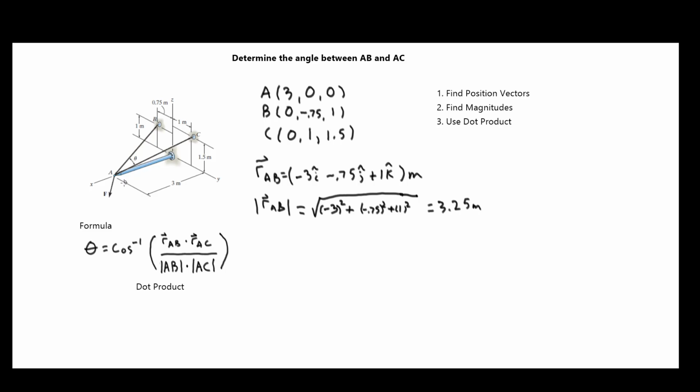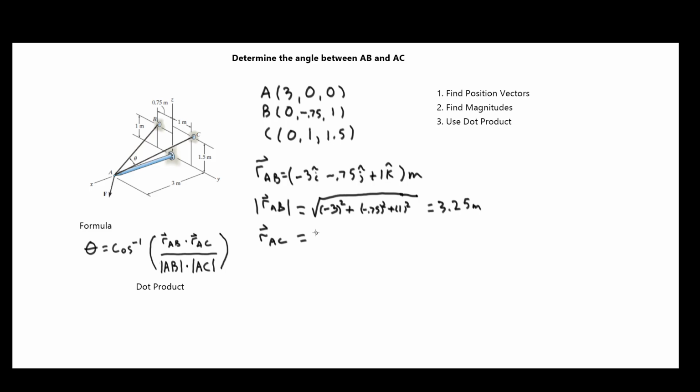Now we have to find this vector from A to C, so we just do the same thing again: head minus tail. C is here, this could be our head, and we subtract this A point.